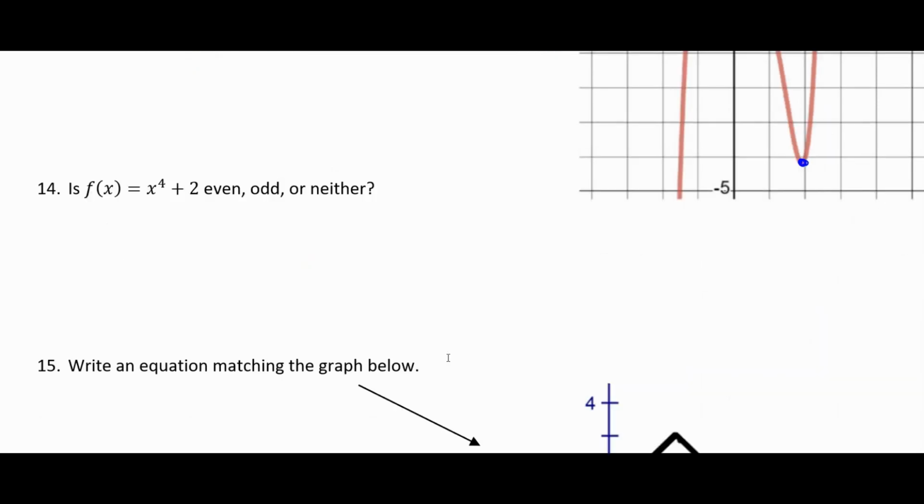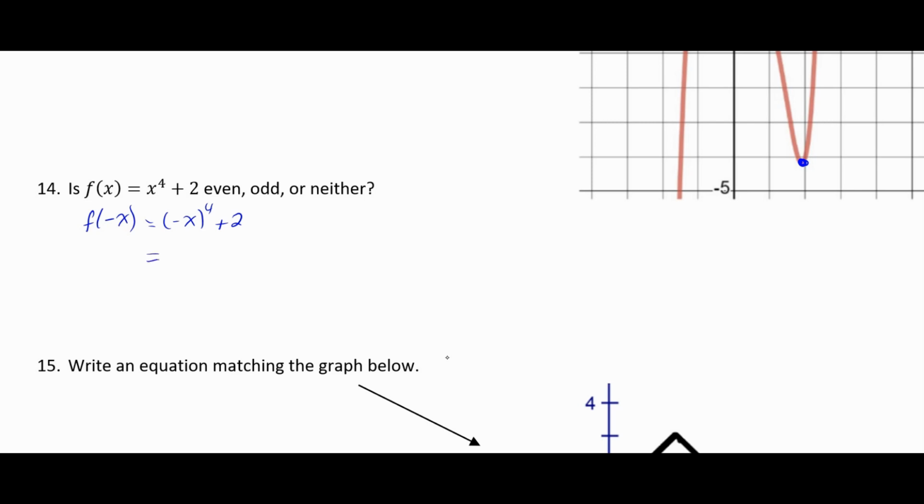In question 14, is f of x equal to x to the 4th plus 2 even, odd, or neither? And here you're going to want to use that definition. What happens when I substitute in a negative x? So if we do this, I'm going to substitute in a negative x. This becomes negative x to the 4th plus 2. But anything to the 4th power has to be positive.